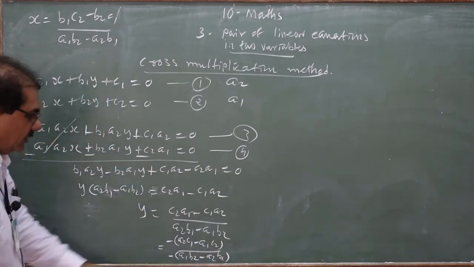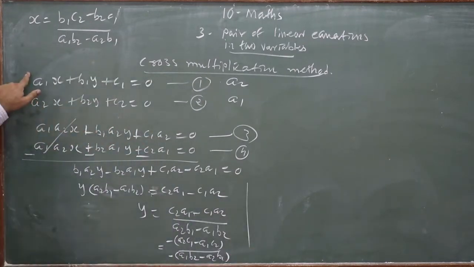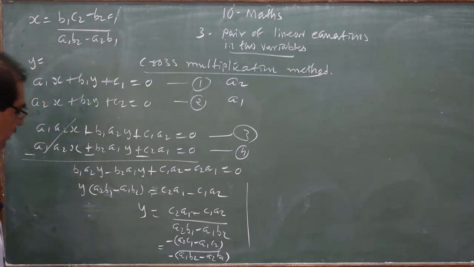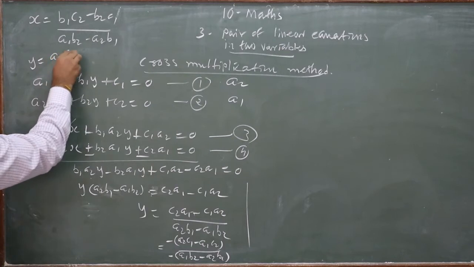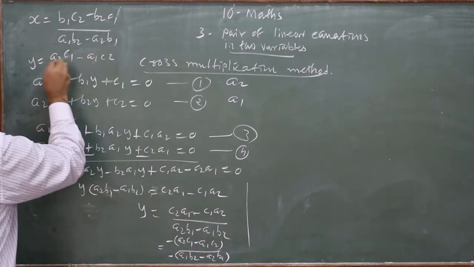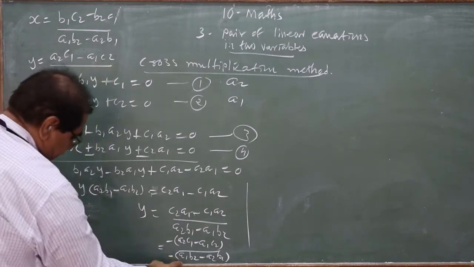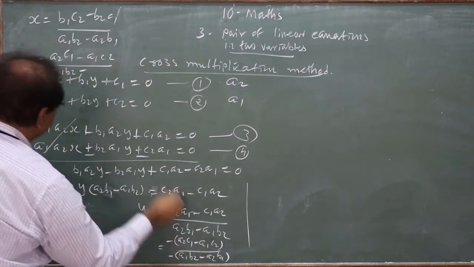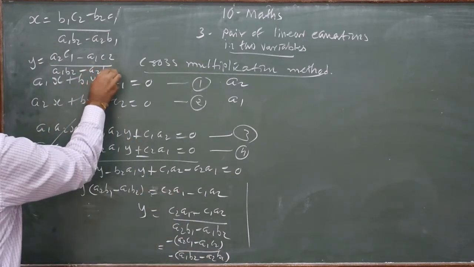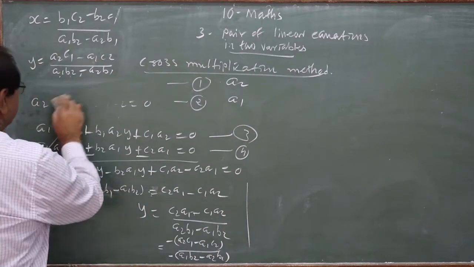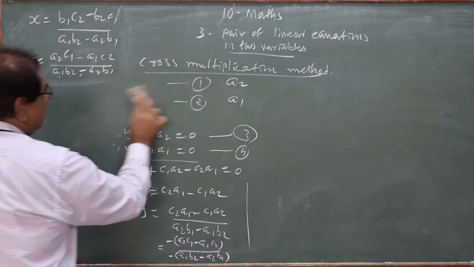Minus minus sign gone. So now what is the value of y? y is equal to a2 c1 minus a1 c2 upon a1 b2 minus a2 b1. This way we have got the values of x and y using the method of elimination.